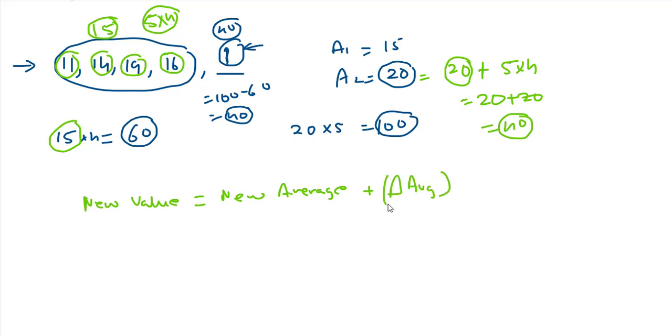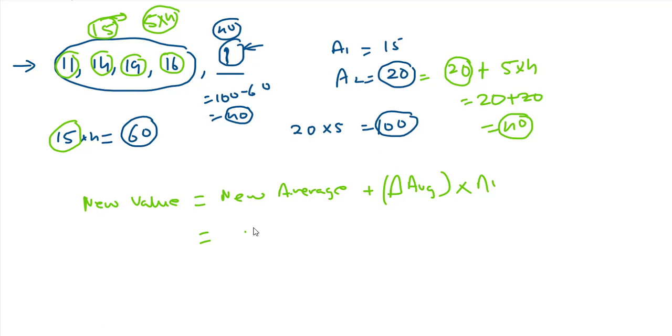So change in average multiplied by initial number of entries, because this new number that is going to come will have to make the original set also to be equal to 20, which is the new average. So we will multiply it with the original number of numbers which were there in the set. So by using this formula, we can find the new value.